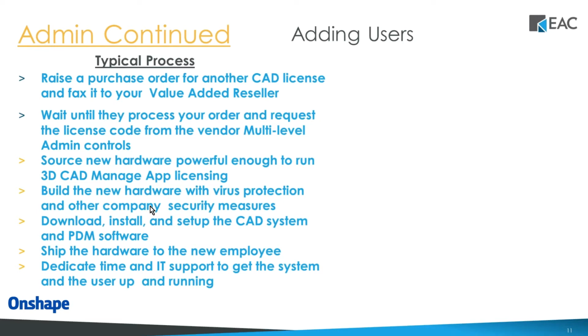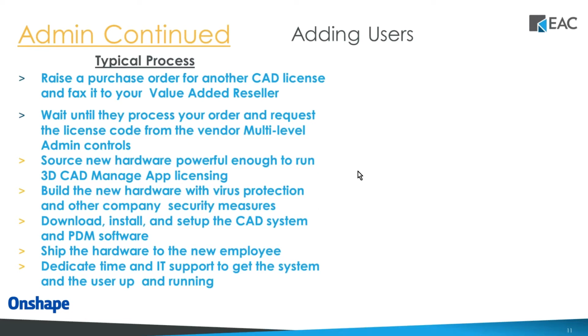You need to set up your hardware, put on virus protection and other things that you might have in your company standard setup. Also, we then download the CAD software, and if there's PDM, we need to install that as well. And then we ship the whole bunch of hardware and software off to the new employees. And then we can integrate them into the network. And this is the typical process that we go through to put people onto our network.